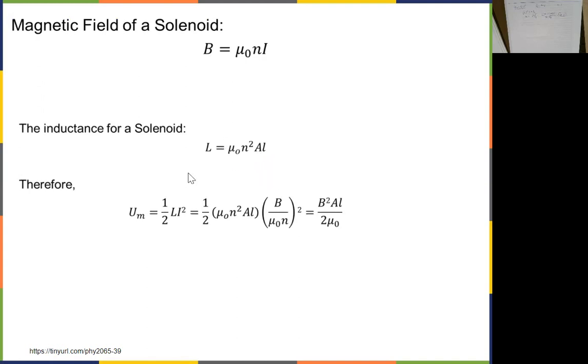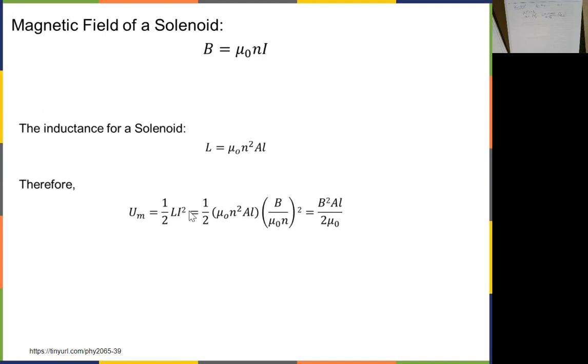So combine those two, and you can calculate the energy stored in the solenoid, because the energy stored in the solenoid is in the form of the energy stored in the magnetic field. So 1/2 L I squared, where the solenoid is basically an inductor.